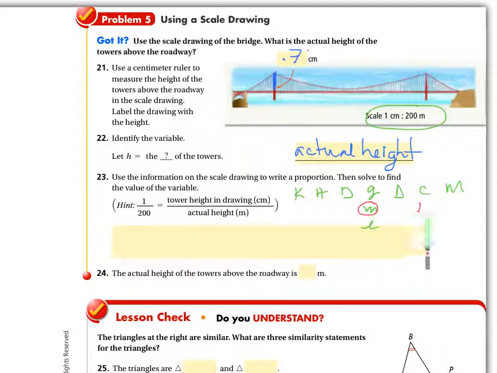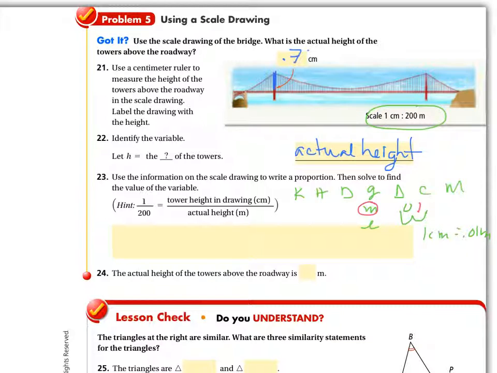Yes or no? So how many places do I move it? 2 places. So my decimal point would be right here. So if I move it 2 places, 1 centimeter would equal 0.01 meters, and vice versa.